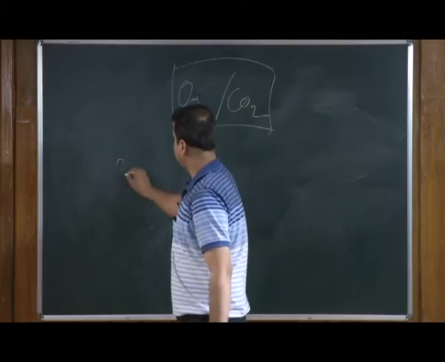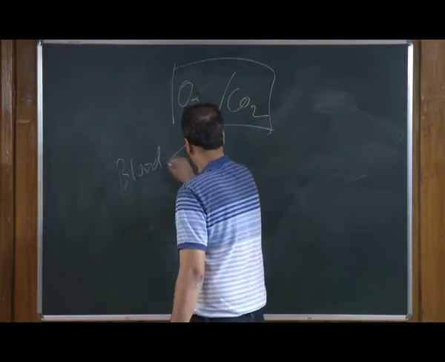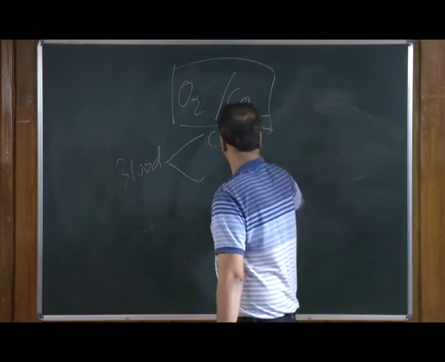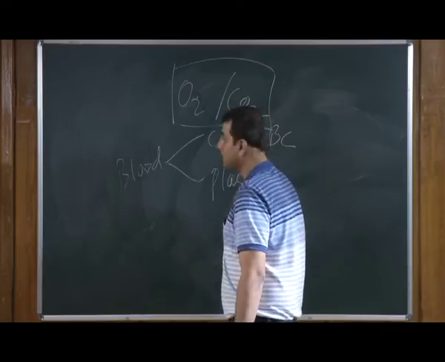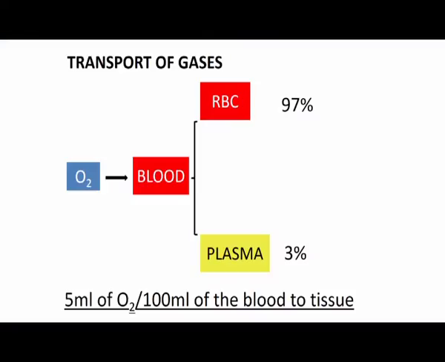In the slide, the transportation of O2 in blood is mainly done by two components, RBC and plasma. RBC is maximally involved in transporting this gaseous element: 97% of the O2 volume is transported by RBC, and the rest 3% is transported by plasma.